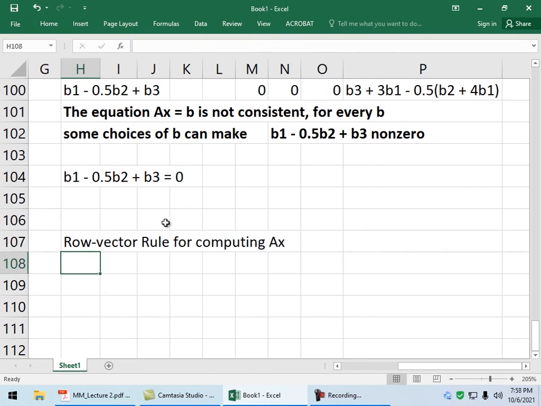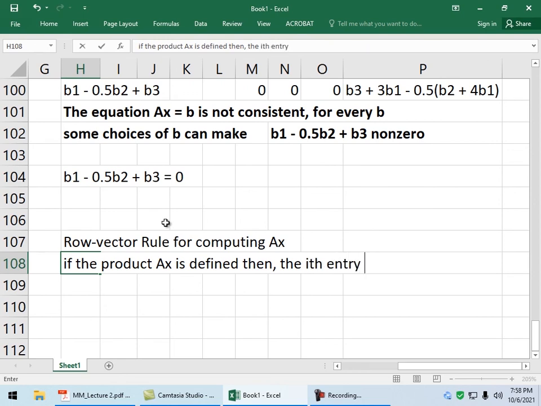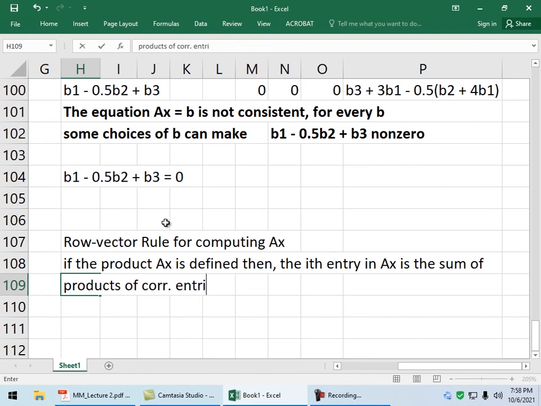So if the product AX is defined, then the ith entry in AX is the sum of products of corresponding entries from row i of A, and from vector X. I need a small i.